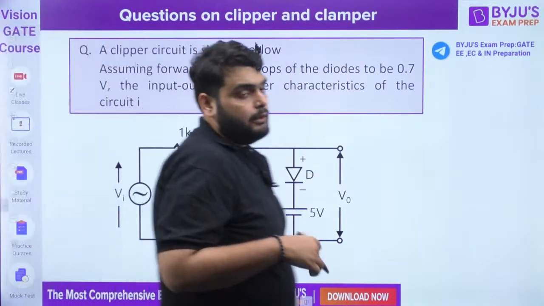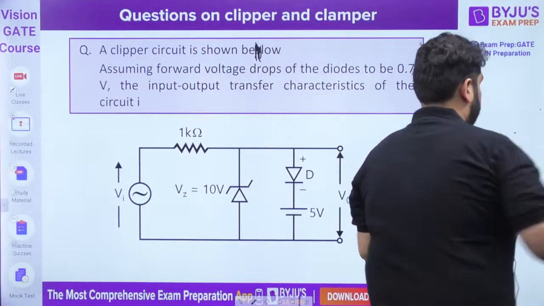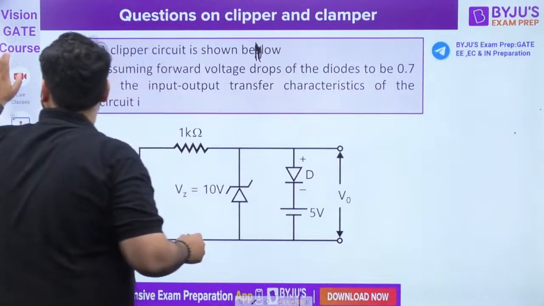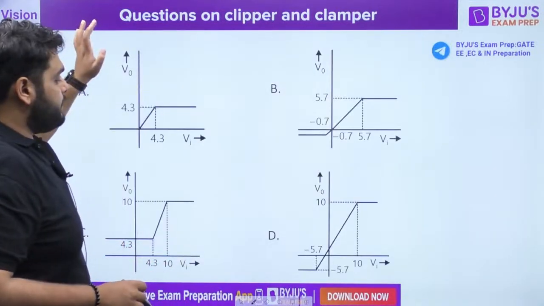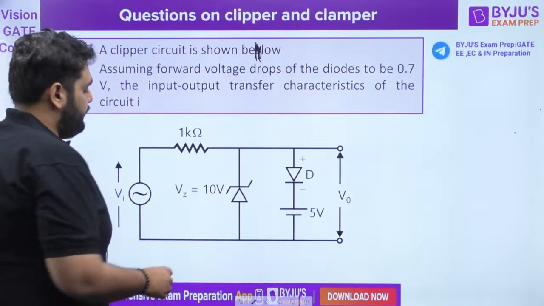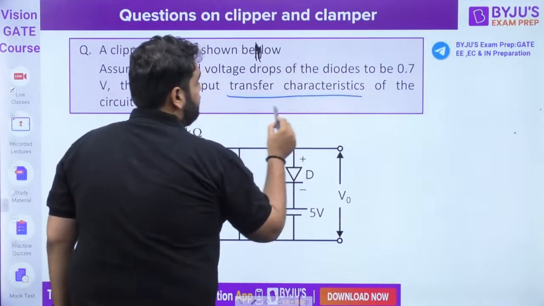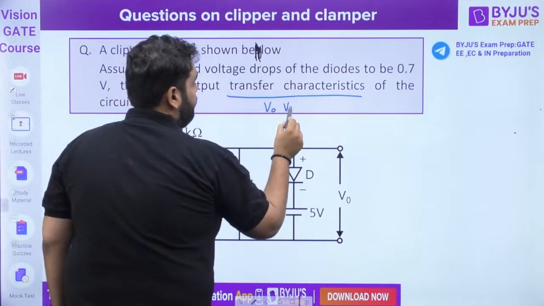We have to draw the input-output characteristic of this. These are the options here. We have to find out what is the transfer characteristic between them. Always remember, transfer characteristic means output versus input voltage curve.